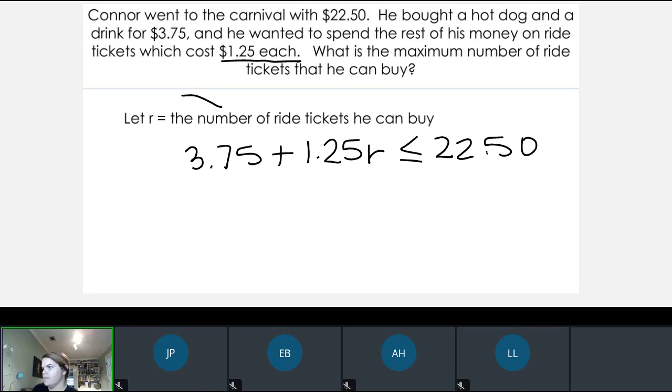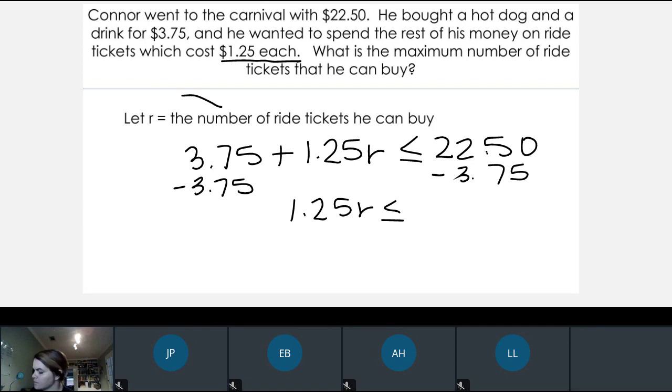Yeah, good. So the first thing we're going to do is subtract 3.75. What do we get on the right-hand side?